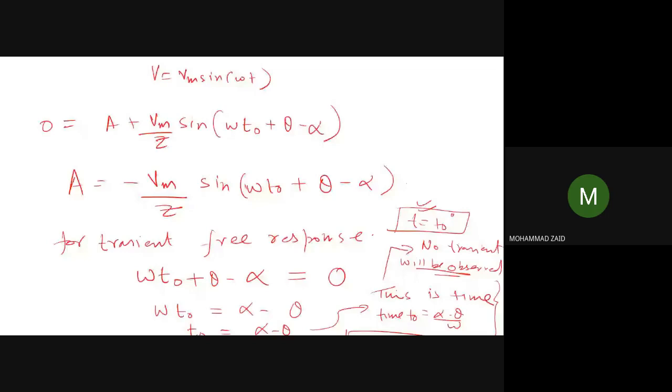Okay, so this is how the transient response of an RL circuit can be determined. It is not very difficult if you have seen the concept. But the caution here is that transient free operation is not possible in a second order circuit.